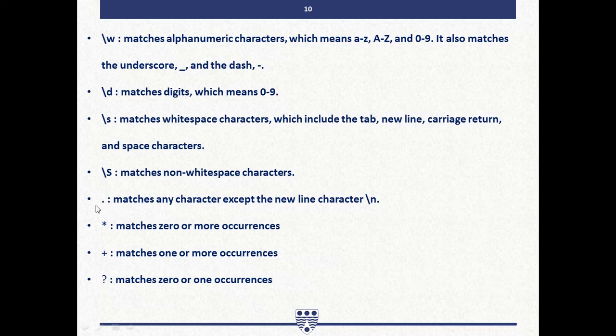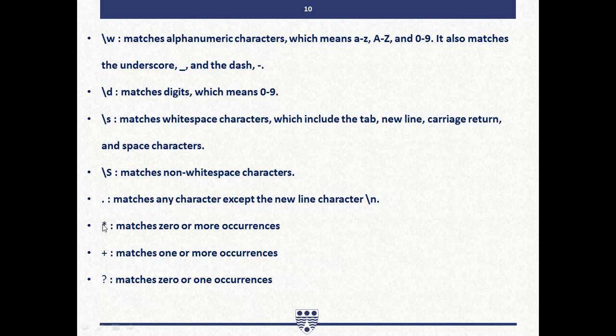This matches any character except the new line character. This is new line. So if you have, let's assume that this is a sentence, using dot, we match each of these characters individually except this place where you have the next line. Okay, does that make sense?